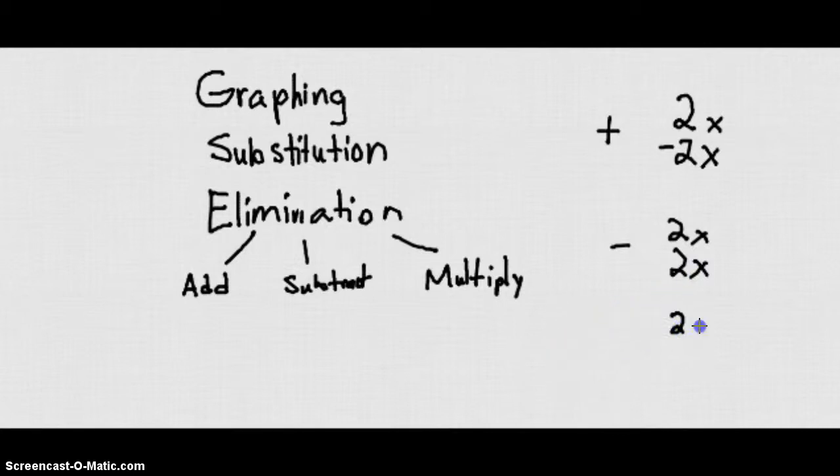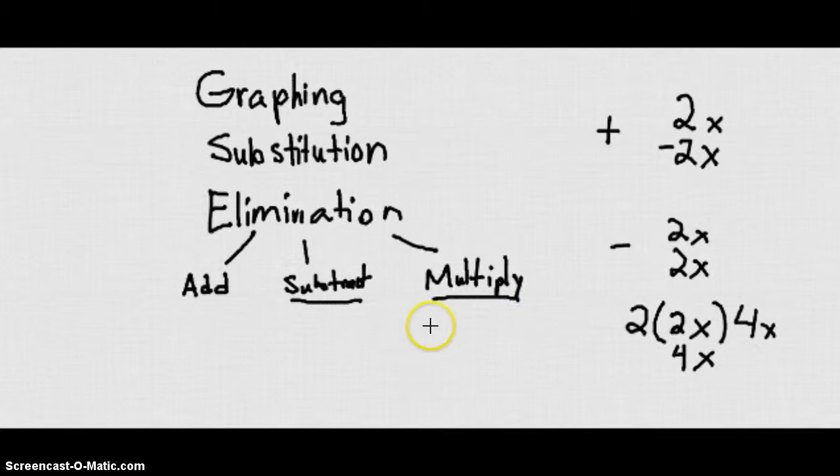If you had something like 2x and 4x, that's where multiplication comes in, because you would take this 2x, multiply it by 2, and get 4x, and then you would go ahead and use elimination by subtraction. So after you use elimination by multiplying, you're going to have to use one of these other two forms of elimination to finish off your problem.